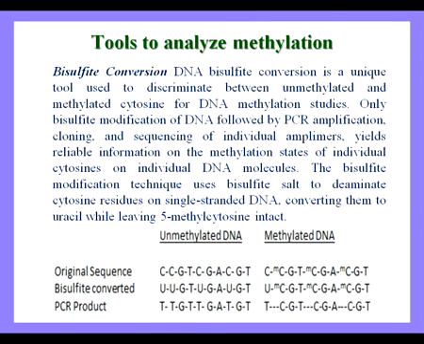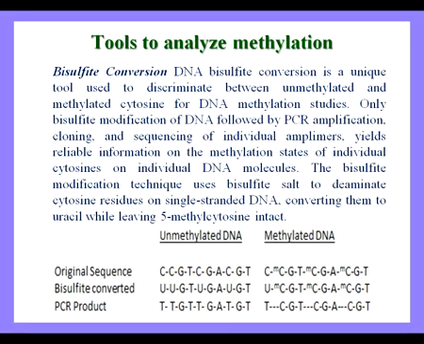So, bisulfite converts cytosine into uracil, and when we do PCR, that is polymerase chain reaction, uracil is converted into thymine, not converted actually, it base pairs with thymine during replication. So, by sequencing them again, we can differentiate the methylated cytosine and unmethylated cytosine. So, this bisulfite sequencing is the only reliable method to find out the methylation pattern of the DNA.